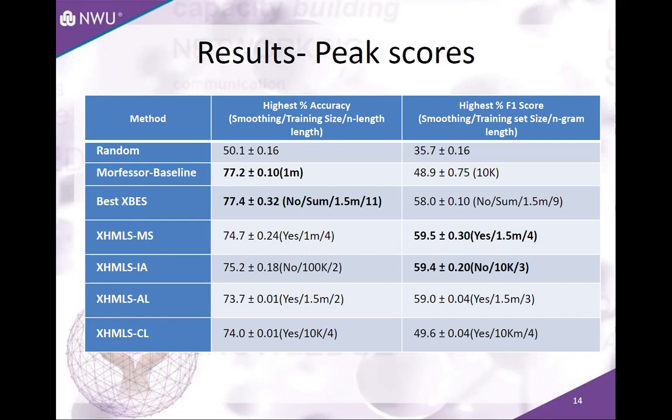But if one then looks at the F1 score, which is a different metric, and it penalizes for negatives, you find that the morpheme sequence model and the independent affixes model actually do a good job, and they are comparable in terms of statistical significance. So they do better than the other two. So that is the results that we get in terms of these scores.